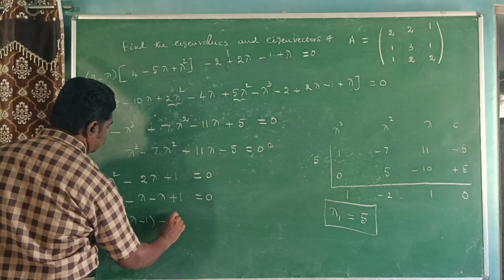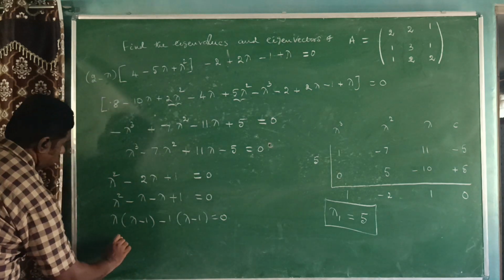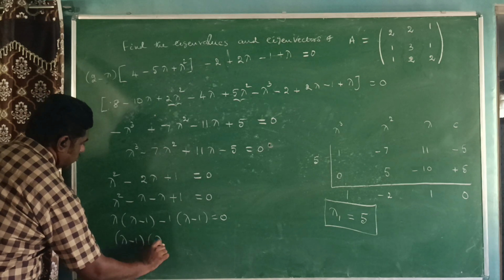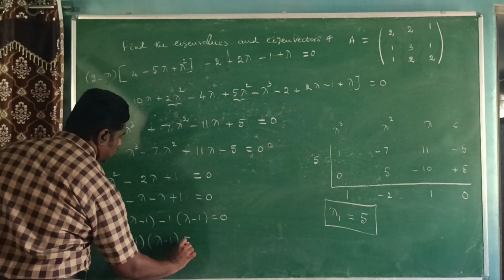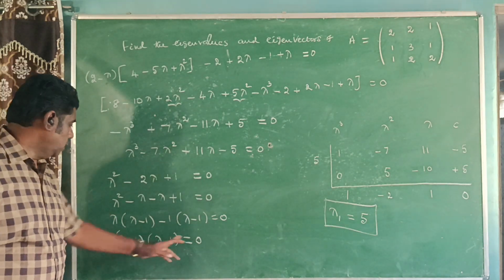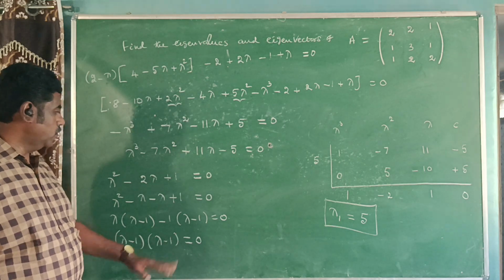Take minus 1 outside: minus 1 into (lambda minus 1), which is equal to 0. Then taking lambda minus 1 as a common term, (lambda minus 1) into (lambda minus 1) is equal to 0. If lambda minus 1 equals 0, then lambda equals 1. Or the other factor lambda minus 1 equals 0, then lambda equals 1.